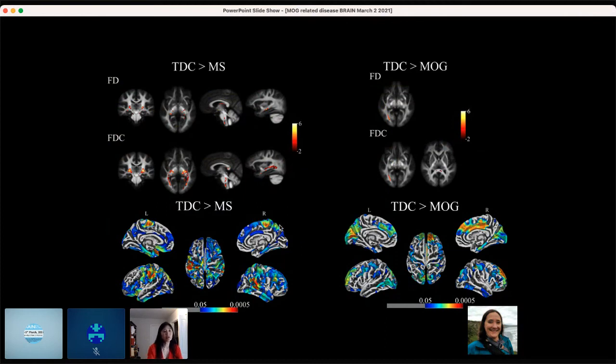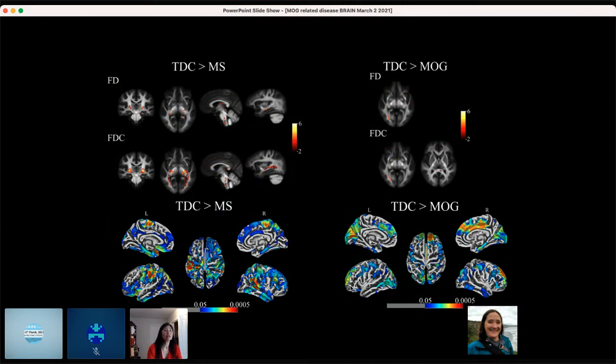This is work of Sonia Bells. This is cortical thickness. Sonia also evaluated white matter and asked whether fiber density was different in typically developing children versus MOG, and found that in the right optic radiations, there were abnormalities in MOG patients that were prominent.